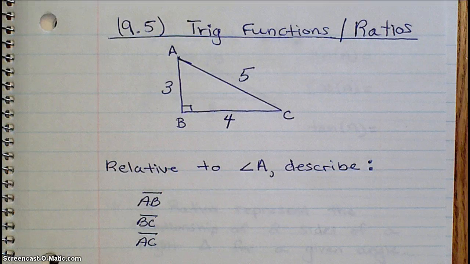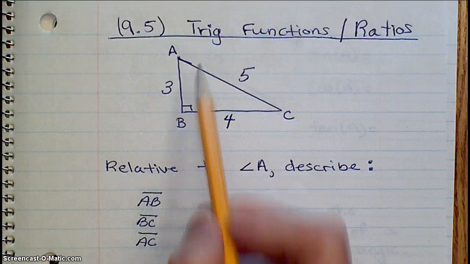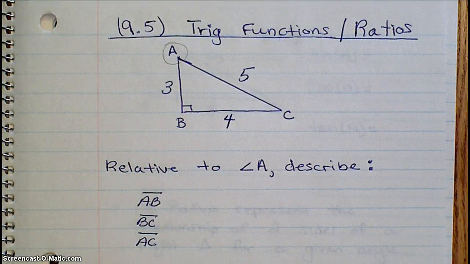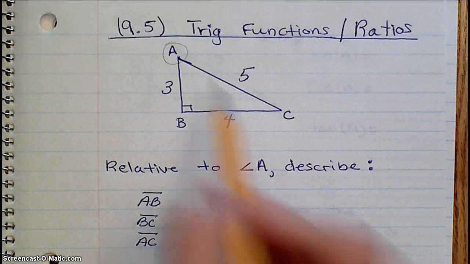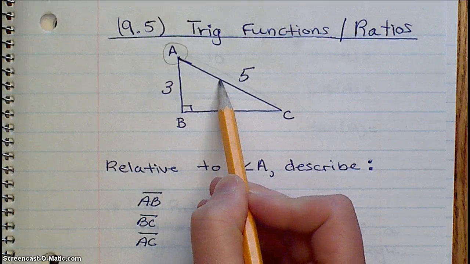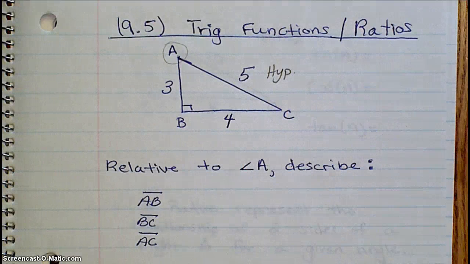Okay, so the first thing we need to do is make sure we understand how to describe segments relative to a given angle. So that means basically we're using angle A to describe the other sides. Well, this segment here, AC, is across from 90 degrees, so this is a special side that we always know is our hypotenuse.